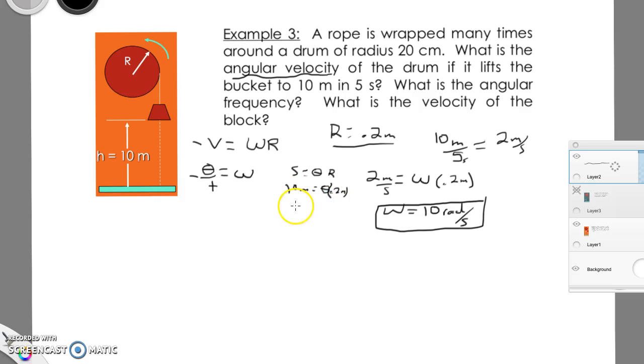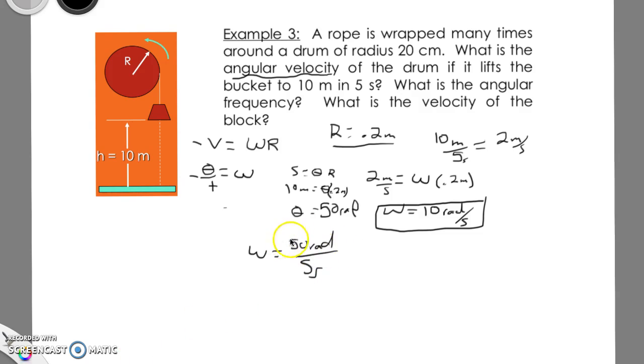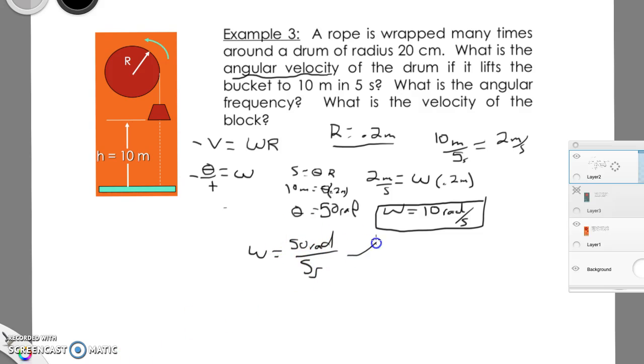We divide that over and get a theta of, 10 divided by 0.2 would be 50 radians, sorry about that, of 50 radians, okay? And then we can go over here and say, omega is going to be equal to the number of radians divided by our time of 5 seconds. So 50 radians over 5 seconds is going to give us our 10 radians per second.